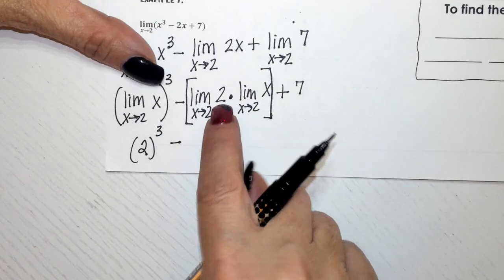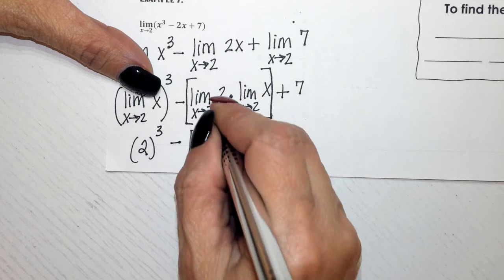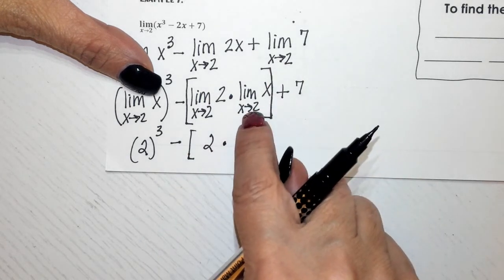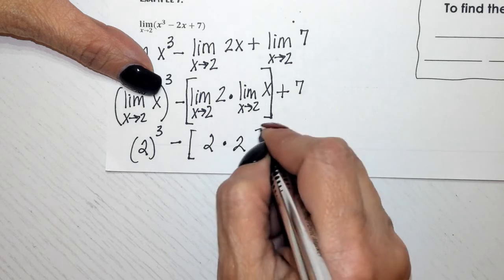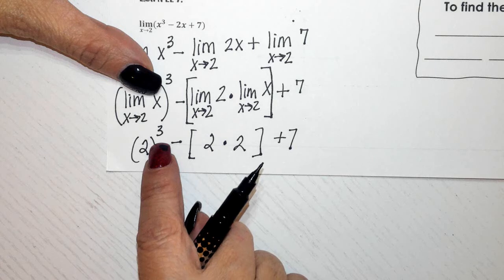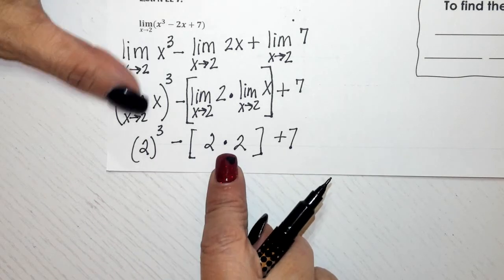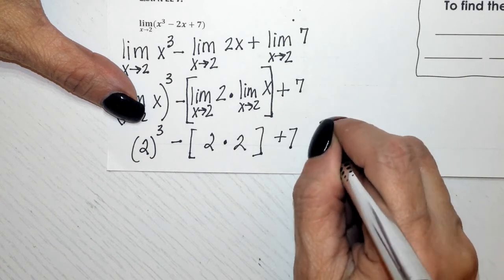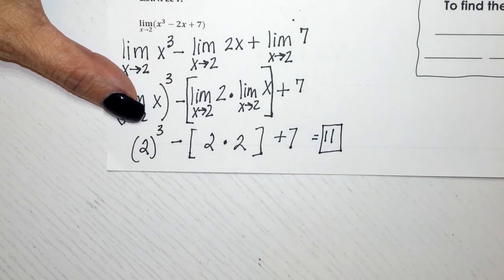Minus, if I'm approaching 2, then that means this one right here would just be 2 times x. So that means I'm approaching 2. So I'm going to do 2 plus 7. 2 to the third is 8 minus 4. So that's 4 plus 7 is 11. So there's my answer.